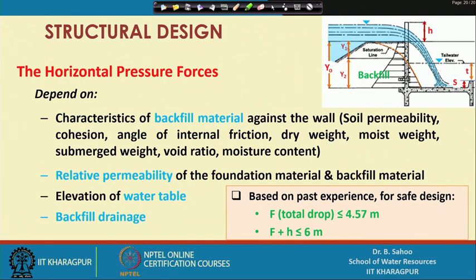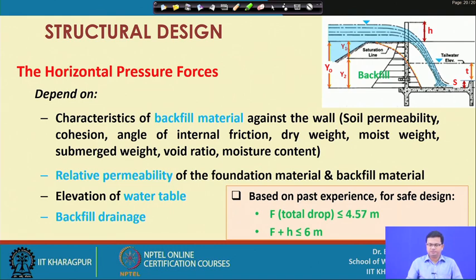The horizontal pressure forces generally depend on the characteristic of backfill material against the wall, soil permeability, cohesion, angle of internal friction, dry weight, moist weight, submerged weight, void ratio and moisture content. Then relative permeability of foundation material and backfill material, elevation of water table and the backfill drainage.